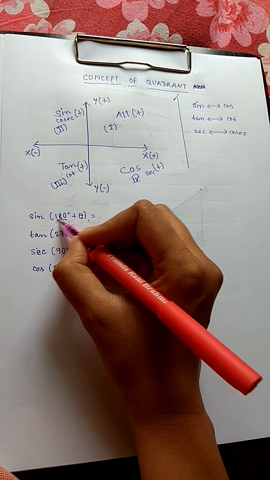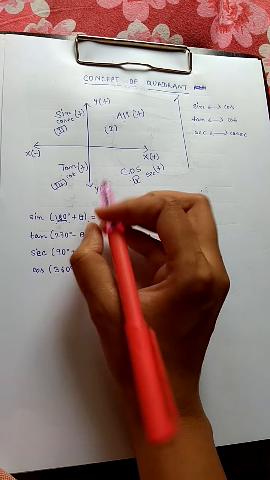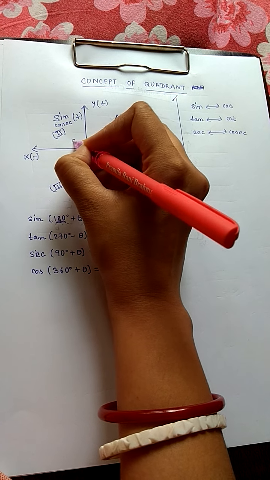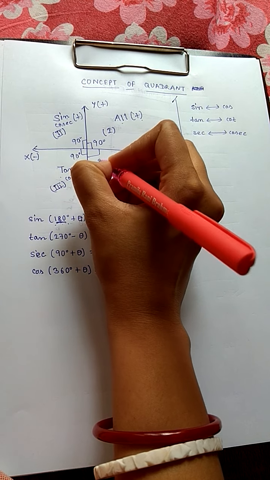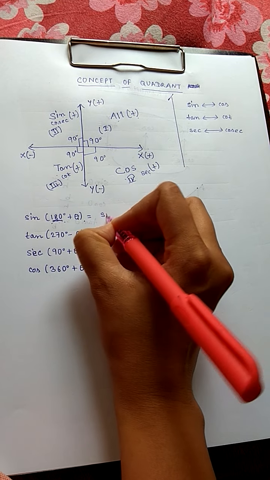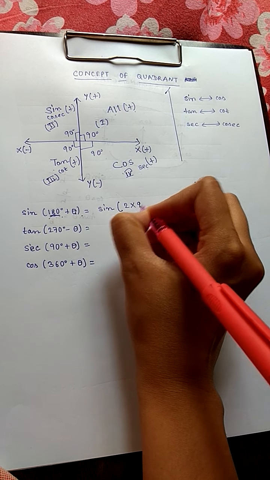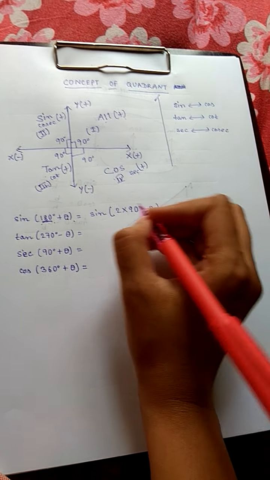We will always break this angle with respect to 90 degrees. See, this is 90 degrees, this is 90 degrees, this is also 90 degrees, and this is 90 degrees. So now I will break sine 180 as 2 into 90 plus theta. Fine, 2 nines are 180.